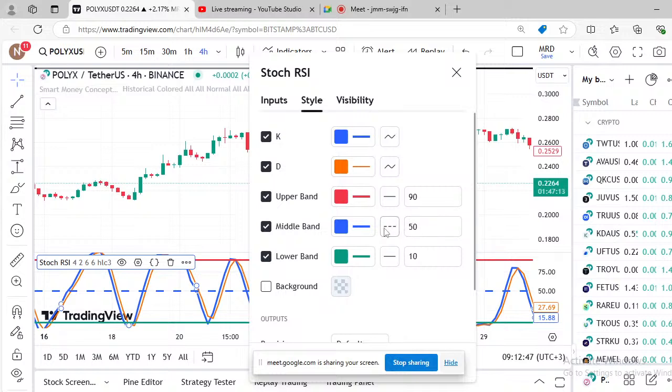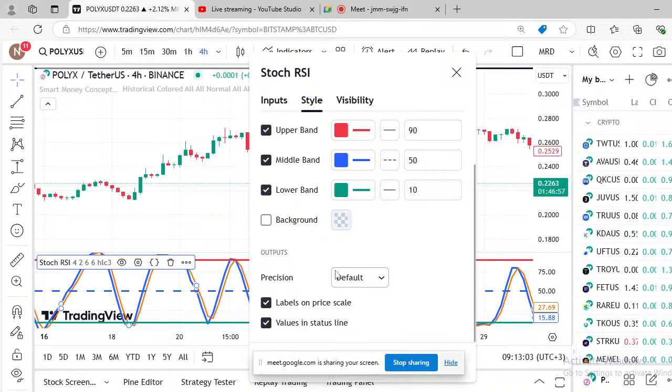The market is in a 50-50. Are we getting the point? Then lastly, we have what we call lower band. Lower band is 10. For the colors, you choose your favorite colors. But we need to mind about the numbers 90, 50, and 10.